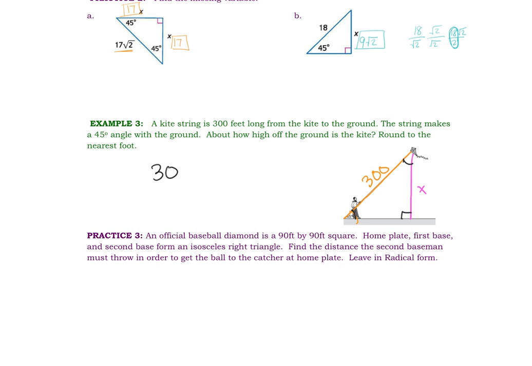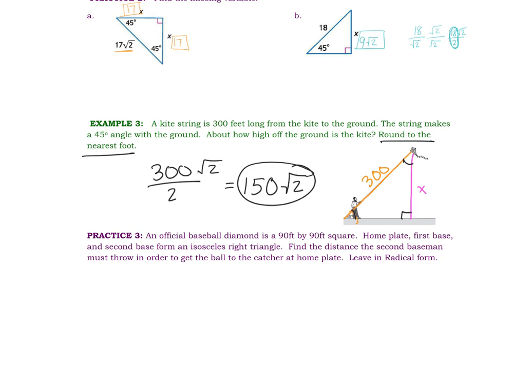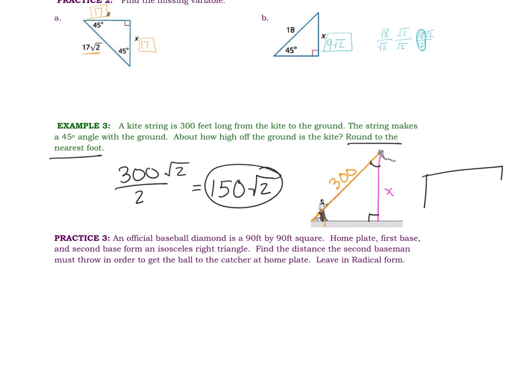So 300 divided by a regular 2, and then put a radical 2 up top. 300 divided by 2 gives me 150 radical 2, but here it's actually saying round to the nearest foot, so they do want it in decimal form, so we can just put this in the calculator. I do not have a calculator with me, so go ahead and put that in the calculator, get your decimal, put it in a box, and since you're a good noodle, put your units, and there you go.